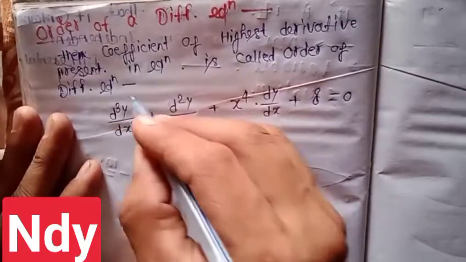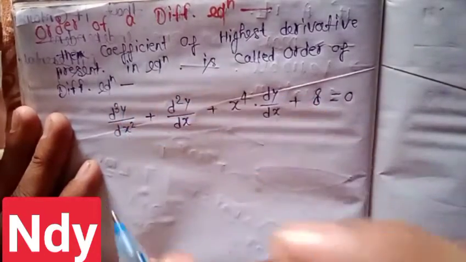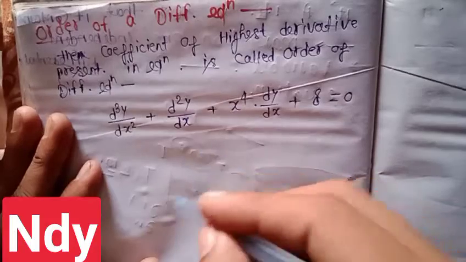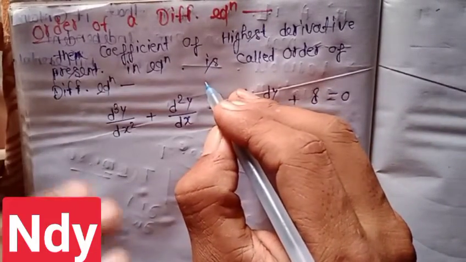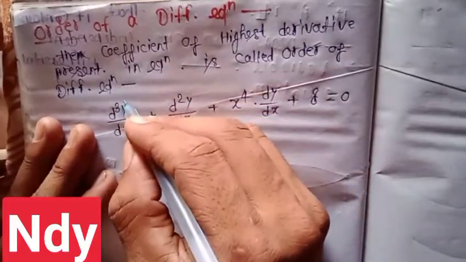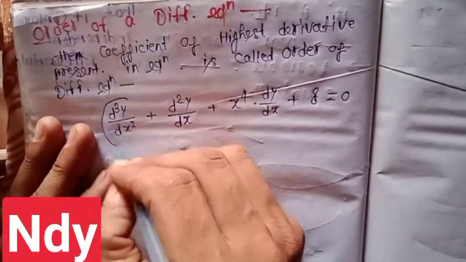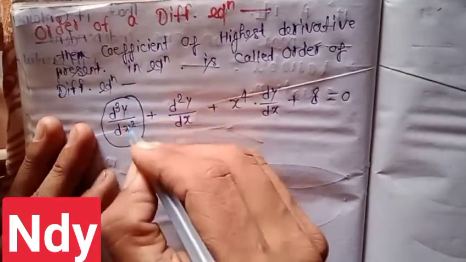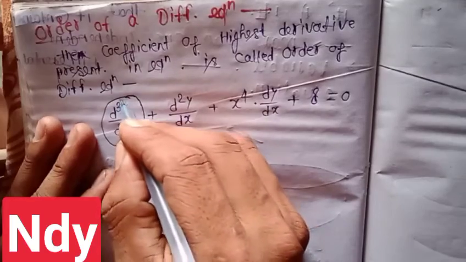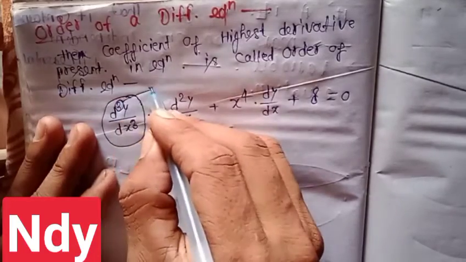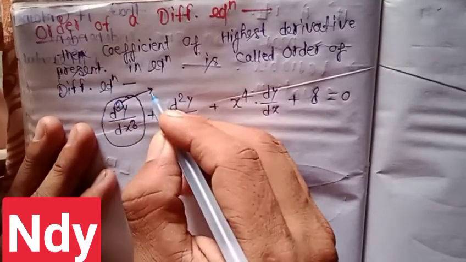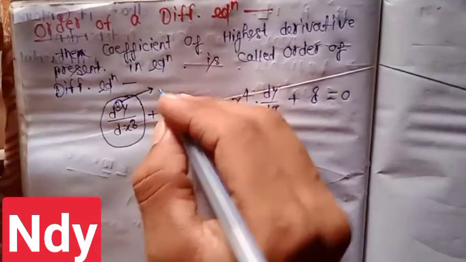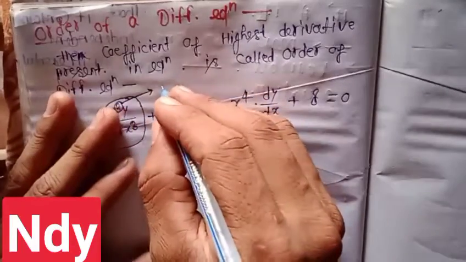As I have said, we look at the highest derivative present in the differential equation. This is d3y upon dx3. So the highest order of derivative is 3. So its order is 3.